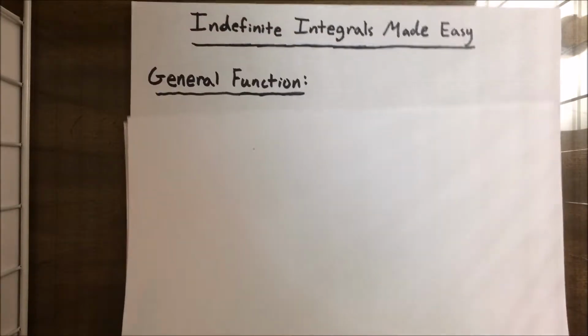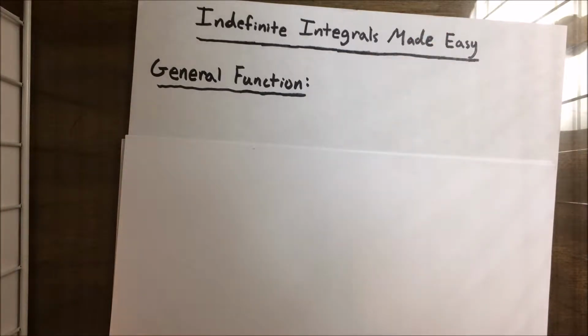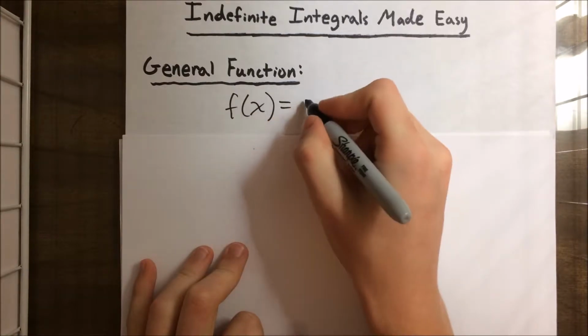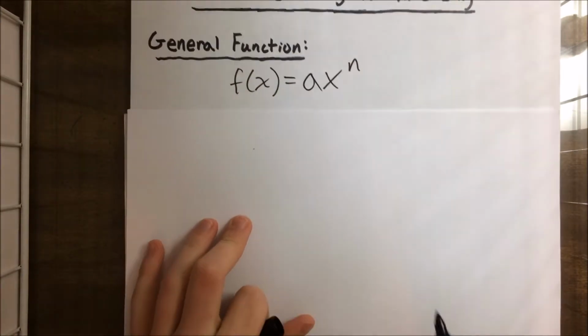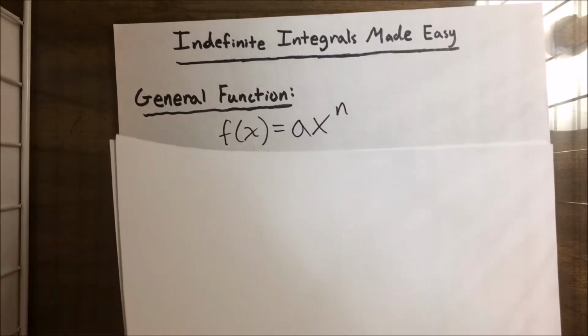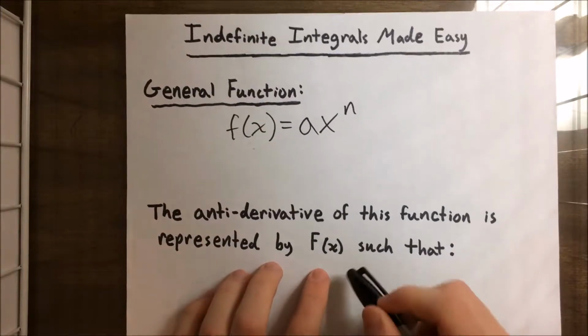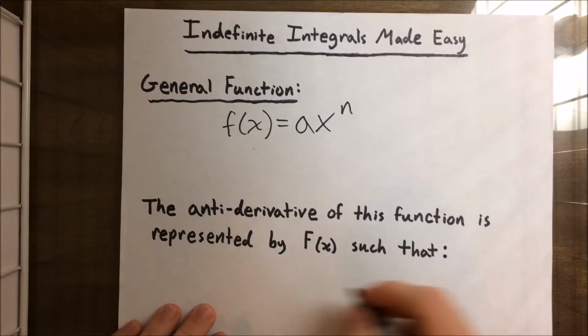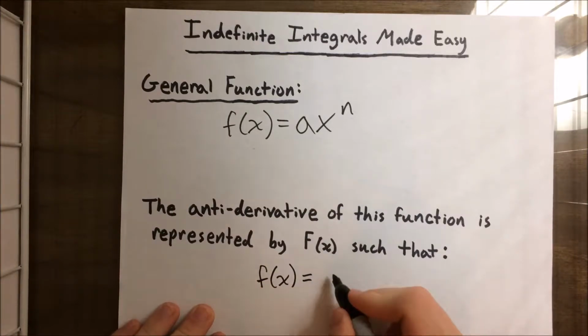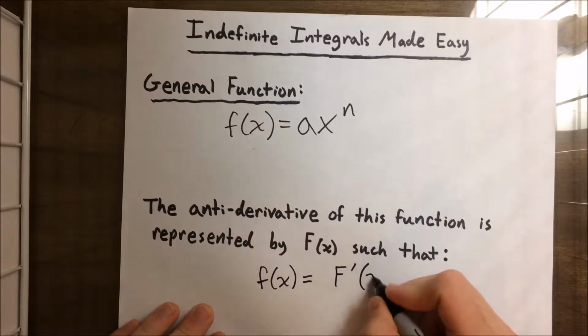So to start, let's write the general function f of x equal to ax to the n. With that general function, the antiderivative is capital F of x, so that f of x is equal to the derivative of that.